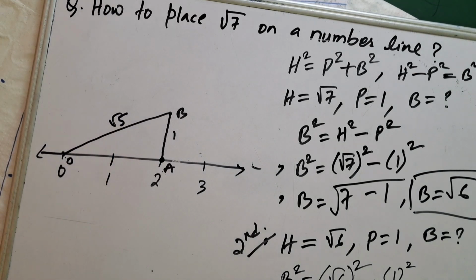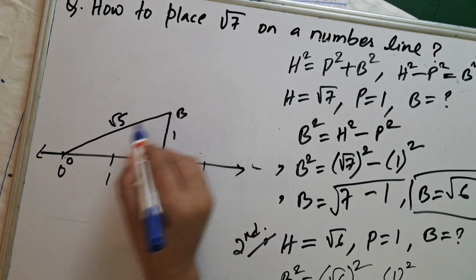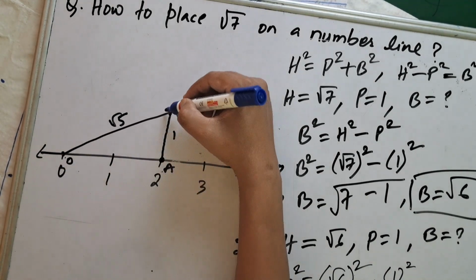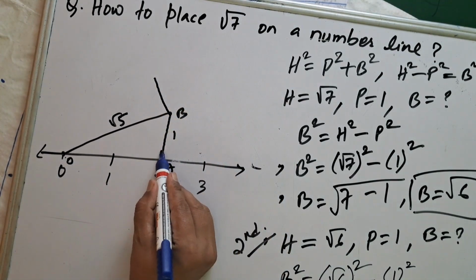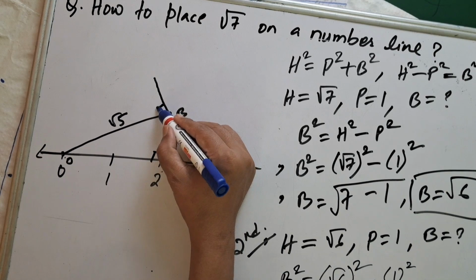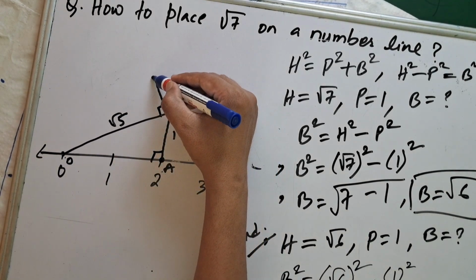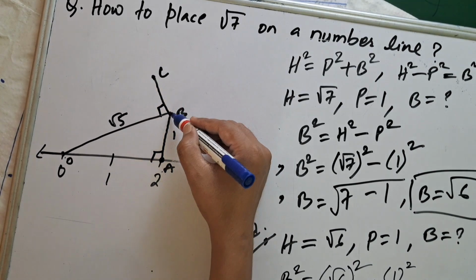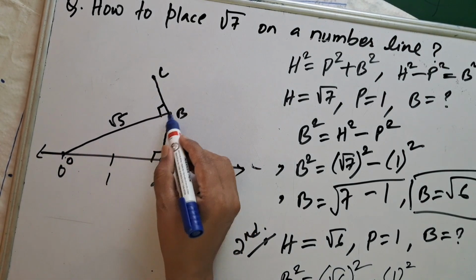Now we draw another perpendicular to OB, this line. Perpendicular means 90 degrees. We have 90 degrees here and here. Another line BC is drawn, this is C. BC is perpendicular to OB.